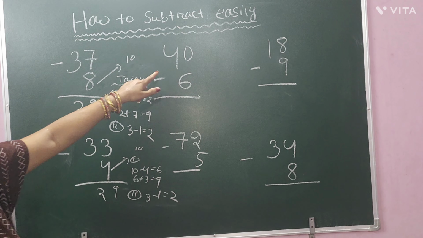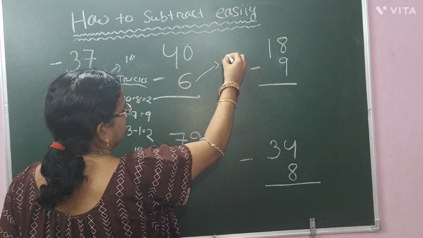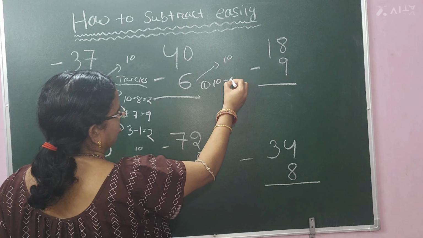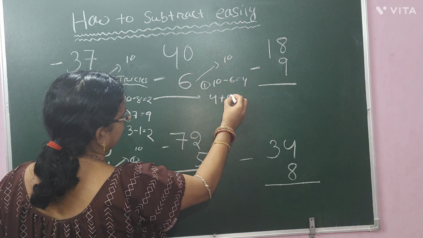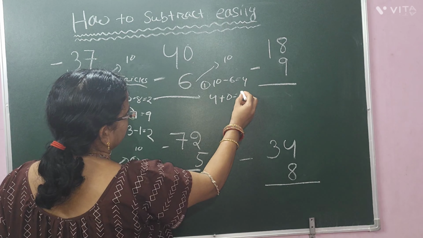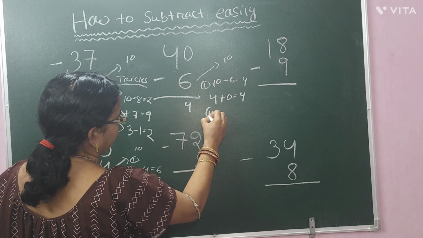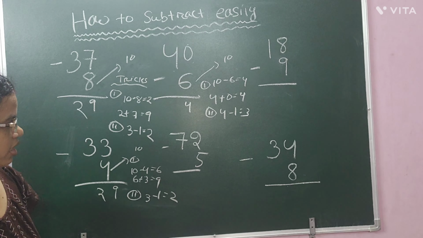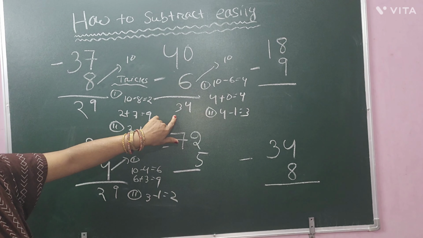Then take the nearest round number of 6, which is 10. 10 minus 6 is equal to 4. 4 plus 0 is equal to 4. Then 4 minus 1 is equal to 3. Okay. 40 minus 6 is equal to 34.